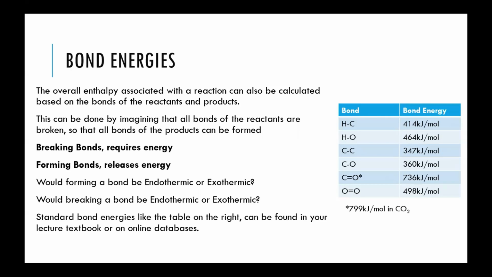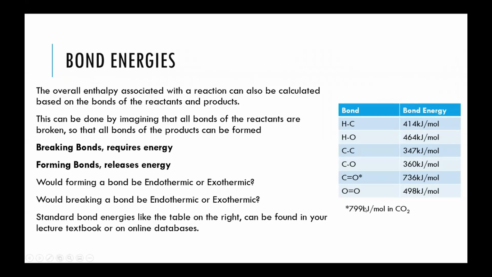While you can measure in lab the enthalpy associated with different reactions, you can also theoretically calculate the enthalpy or the heat associated with a reaction based just on the balanced chemical equation. And to do that, you can look at all of the different bonds within all of the different components and all of the different chemicals.